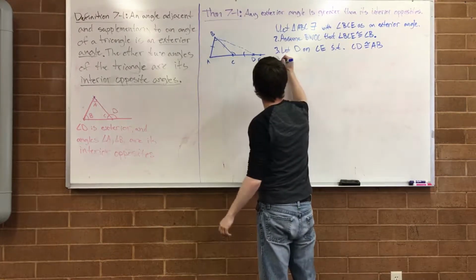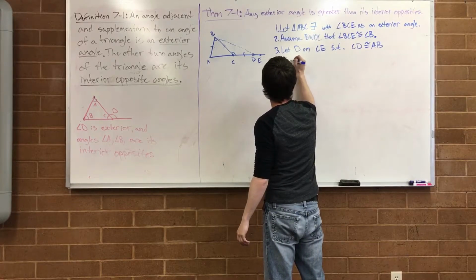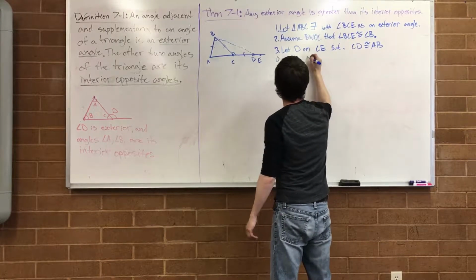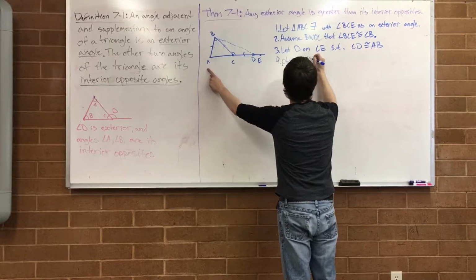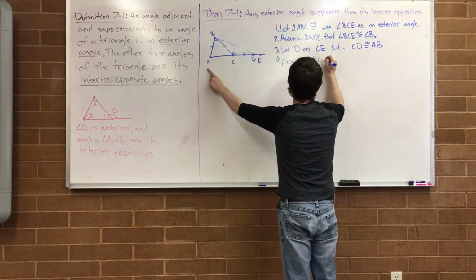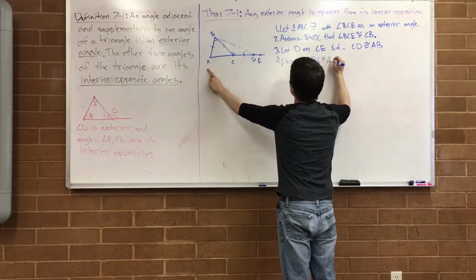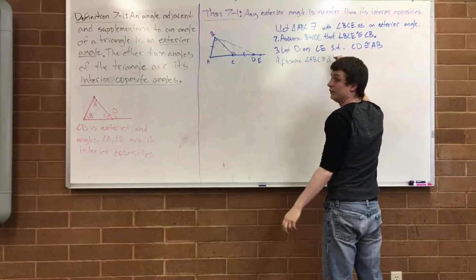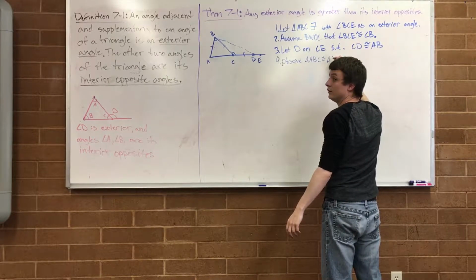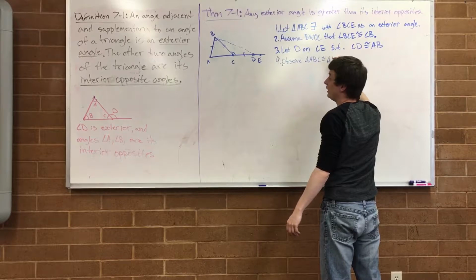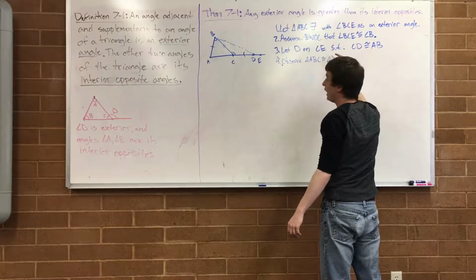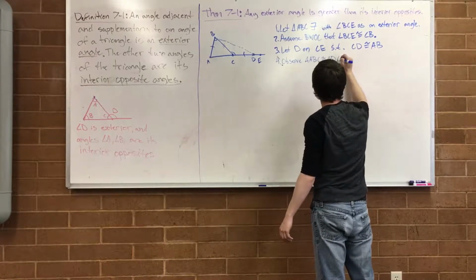All right, so that's the next thing we're going to say. Observe triangle ABC is congruent to what? Triangle BCD. BCE. Oh, BCD. Try again. DC. Order matters. DCB, perfect.